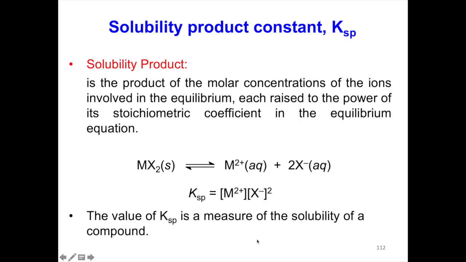Solubility product is the product of the molar concentrations of the ions involved in the equilibrium, each raised to the power of its stoichiometric coefficient in the equilibrium equation.